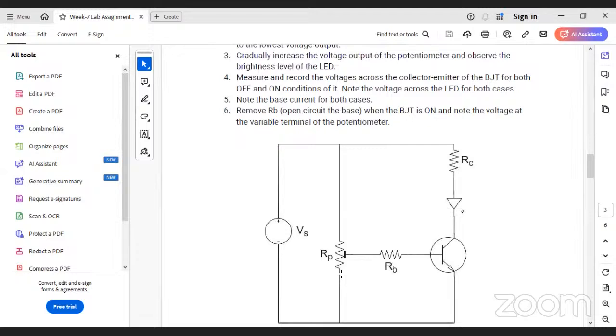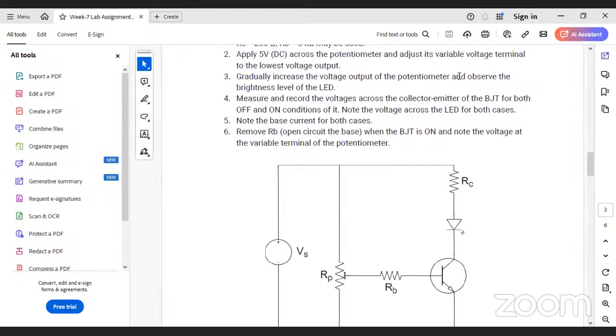Initially keep the output voltage of the potentiometer zero. Zero means what happens, ma'am? So there will be no current. VBE equal to zero, am I right, ma'am? Yes, keeping the output voltage of the potentiometer zero means VBE equal to zero.